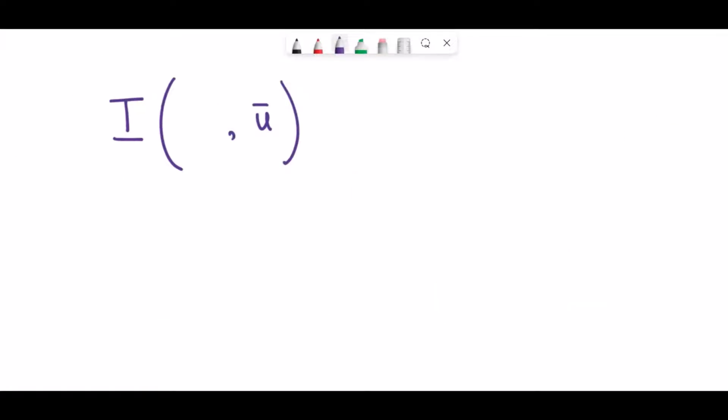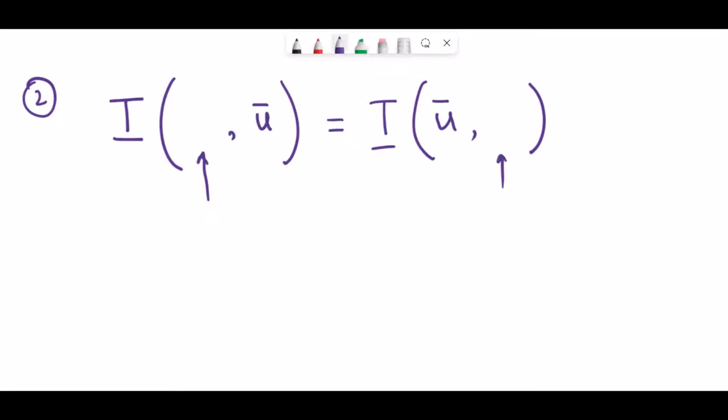In the first point, we have talked about what this object is. In the second point, we will be inserting another vector into the remaining slot. Because of the symmetry afforded by the stress tensor, we could have just plugged in U in the first slot, and in the second slot we plug in another vector.